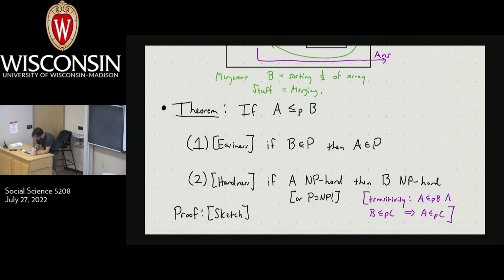Maybe B here would be a search on some graph, and we're using that search to solve some other problem, like racetrack. That's typically what we've done throughout the course. We use one problem to solve the other. But we can actually flip this around. If the first problem is hard, then the second problem is hard.